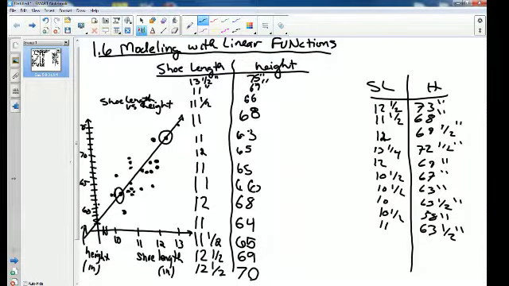What 2 points are those? Which one is this? 10 and 63. And then we generate an equation from that, right? Okay, go ahead and write that equation, since you know how to do it.